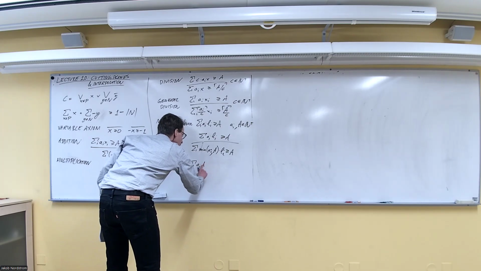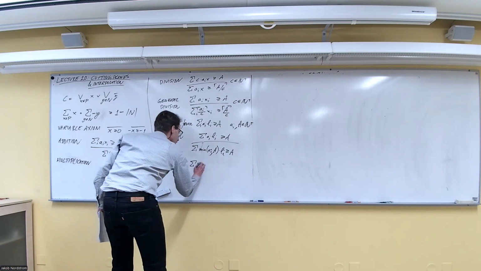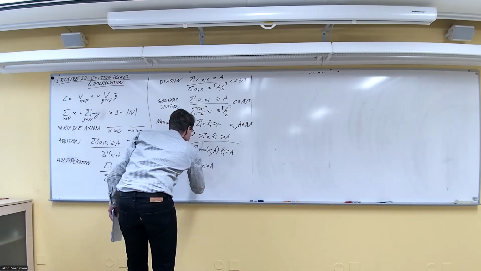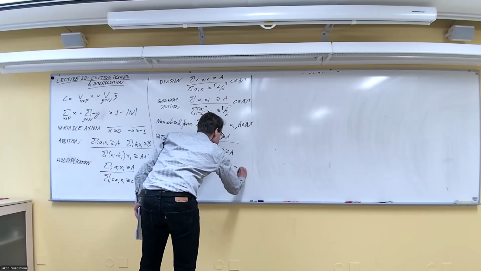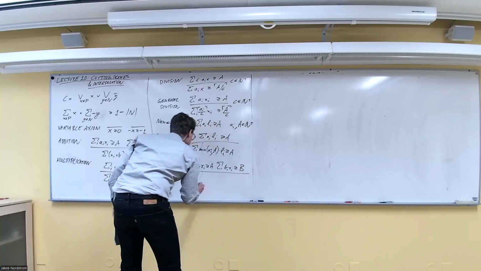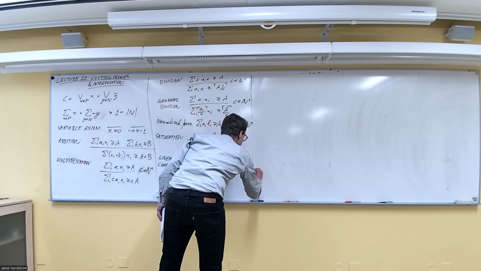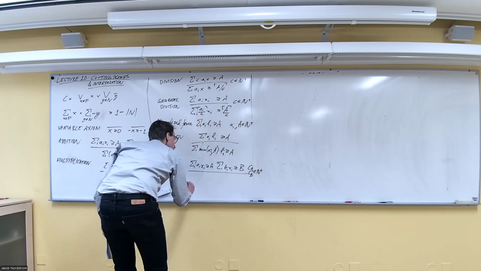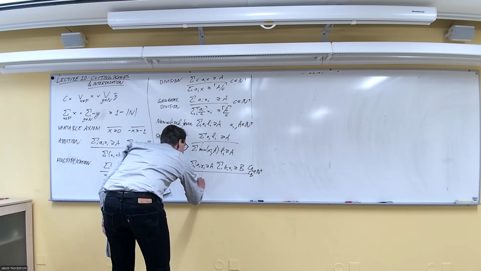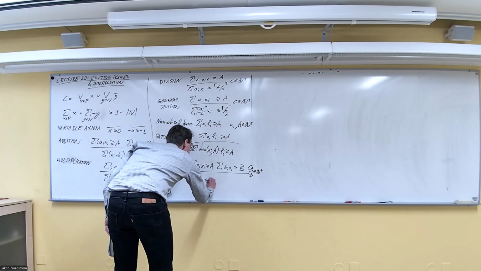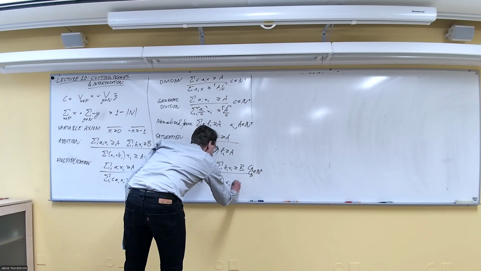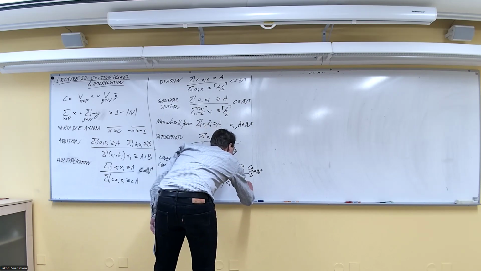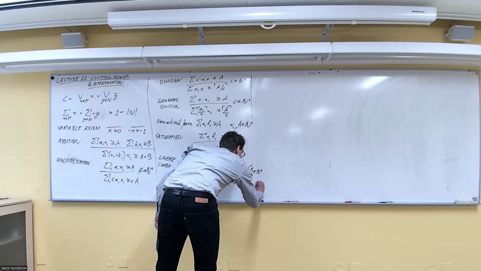So if I have some a_i x_i greater or equal A and some b_i x_i greater or equal capital B, then I can multiply by c_a and c_b, both being positive, and derive the linear combination c_a times a_i plus c_b times b_i x_i greater or equal c_a A plus c_b B.